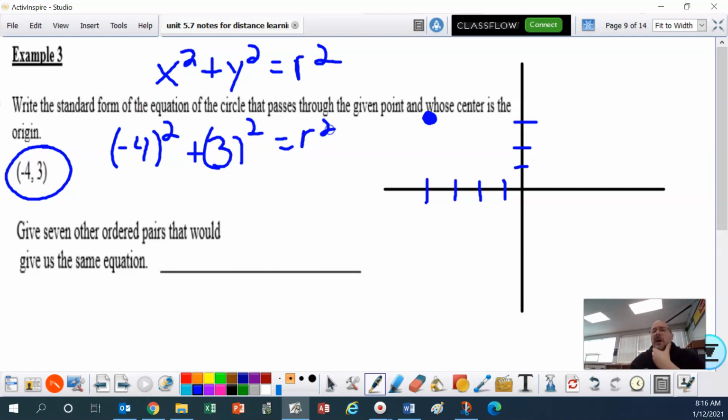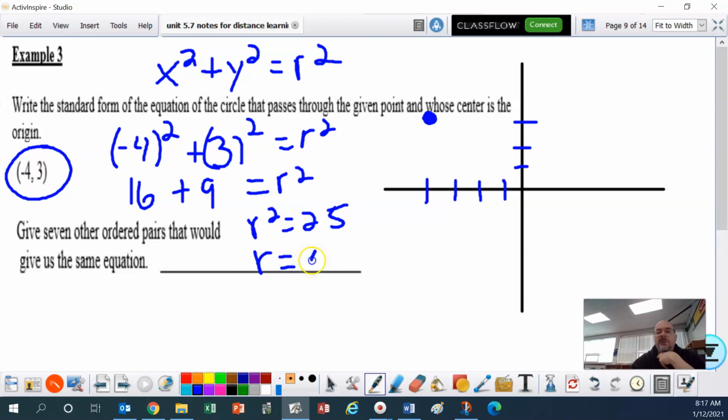Now I can figure out my r squared. That would be 16 plus 9. It looks like my r squared is going to be 25. And my radius is going to be plus or minus 5 because I took the square root.